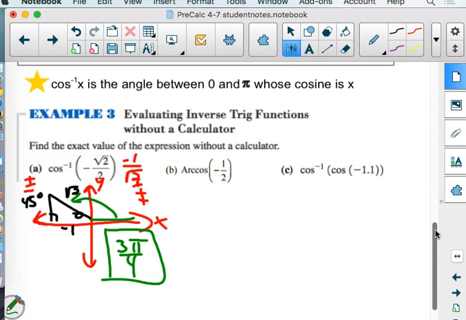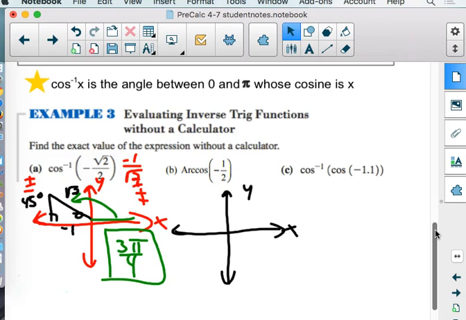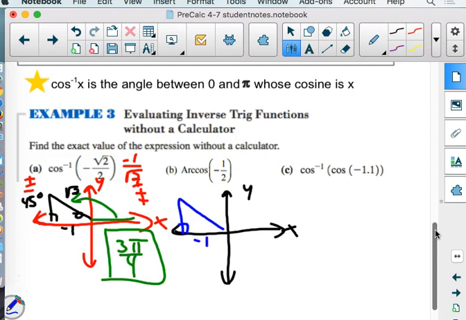Alrighty. Arc cosine of -1/2. Well, we already know what quadrant we're going to be in. Which one? Second. It's got a negative. Okay. Cosine definition again. Adjacent. Okay, so I have to put a -1 here, and then I have to put a 2 at the hypotenuse.